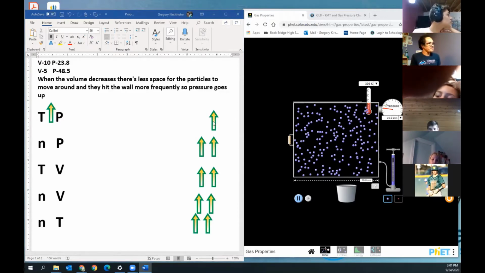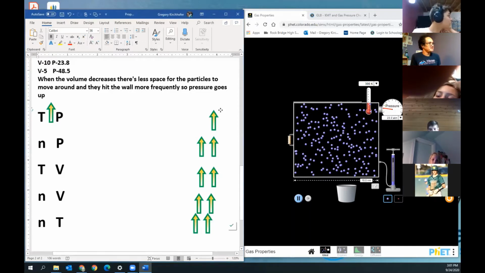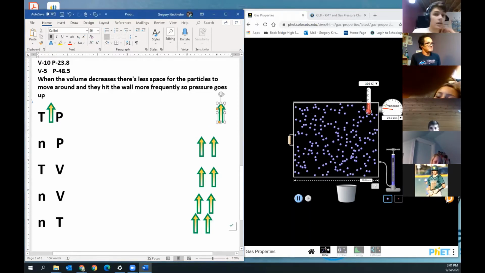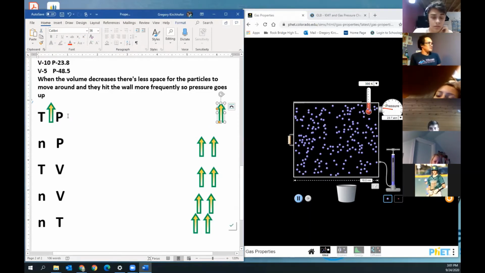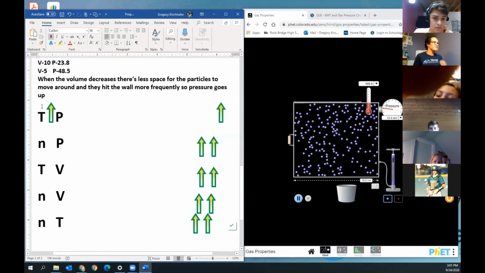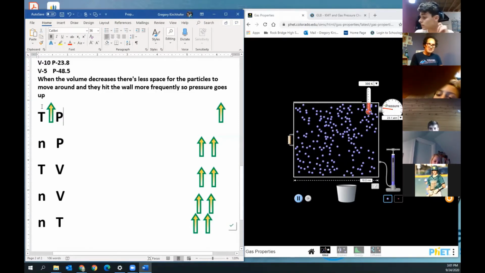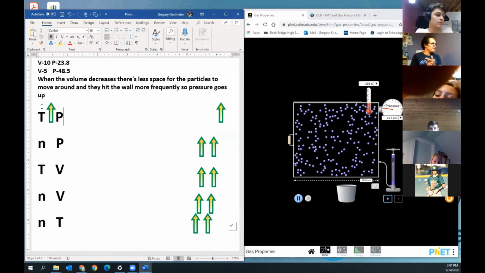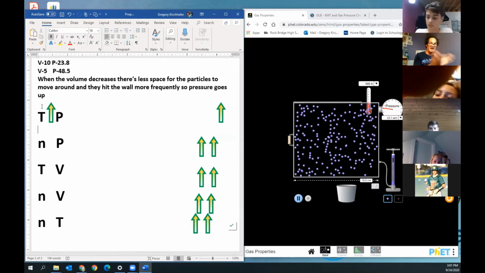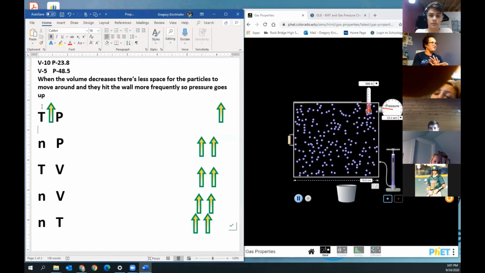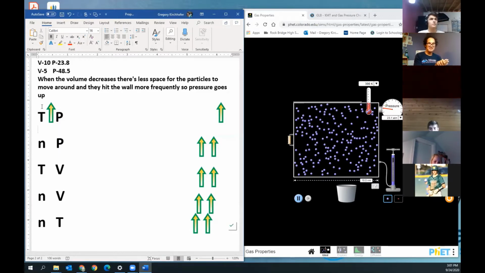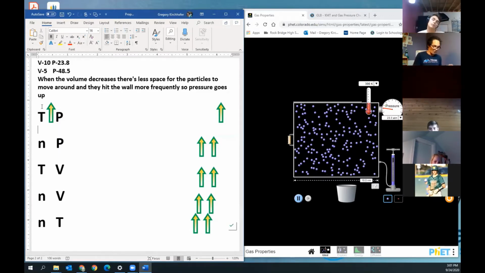Why do you think that would make it increase? Because the energy will go up, making them move more. Okay, right? So again, if we think of temperature as how fast the particles are moving, increase the temperature, they're going to move faster. Move faster, they should hit the wall more, right?